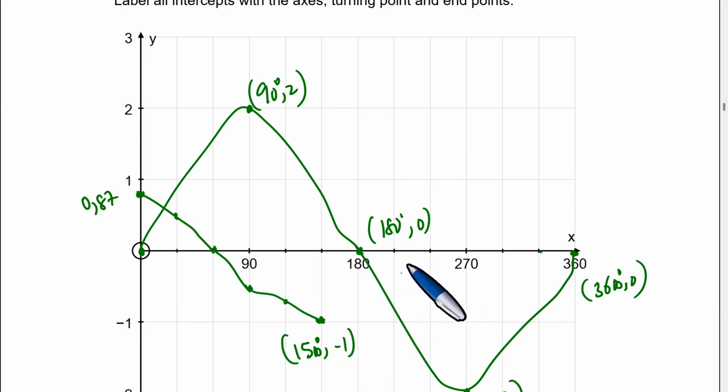And then at 180 plus 30, it's going to be a negative something. And then at 210 and 240.